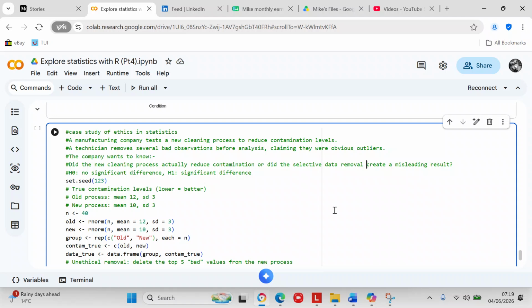Then group is a repetition vector with old and new, and each is 40. So you're going to have 40 olds and 40 news. And contam_true is a vector that contains old and new.